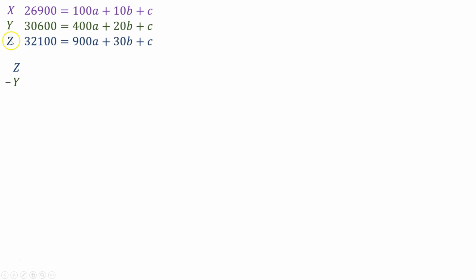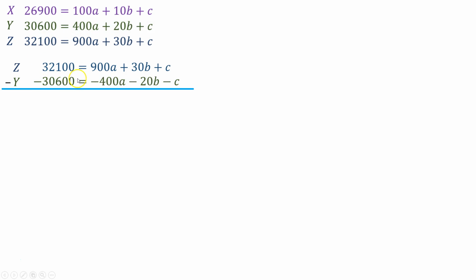So let's start off doing z minus y. So here's z, and then minus y, I'm going to multiply everything across here by -1. So it's going to be negative 30,600 minus 400a minus 20b minus c. And you can see that the c's are going to cancel out because c minus c is 0.